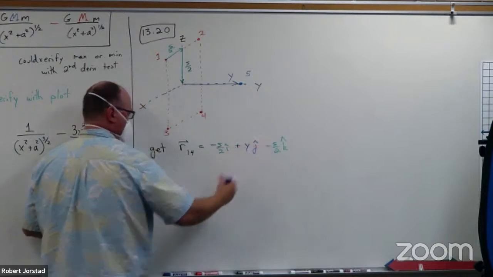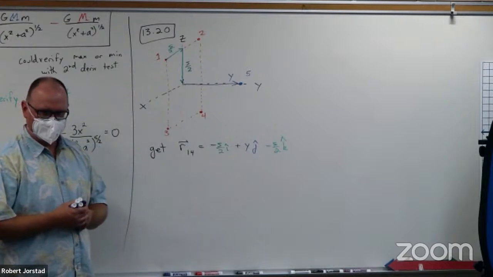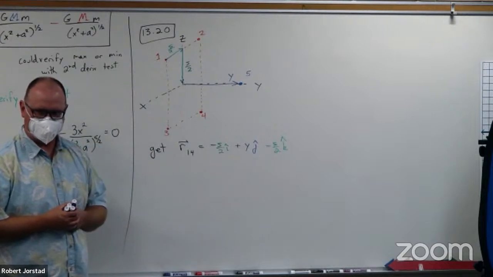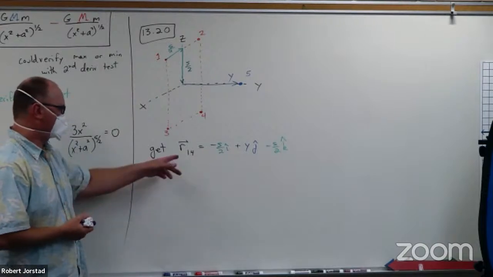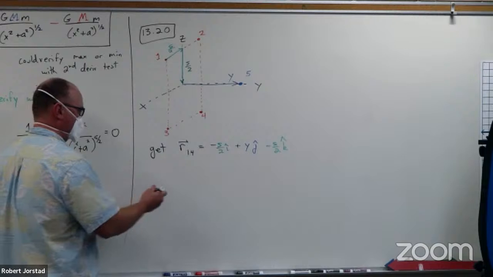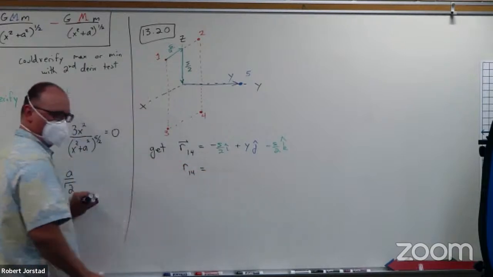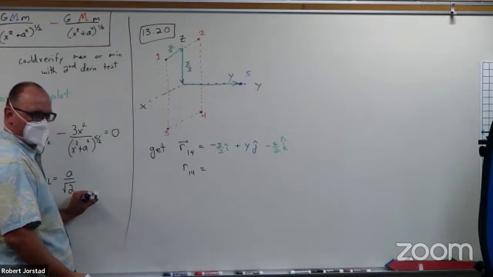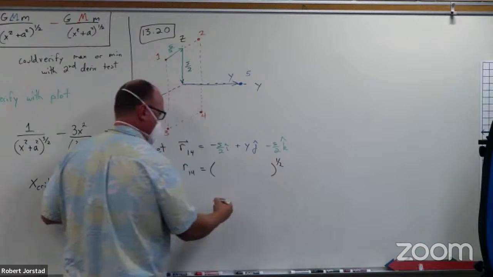Does that make sense? Where would you go from there? Once you know this, couldn't you get R14? And that's just going to be some big ugly thing to the 1/2.